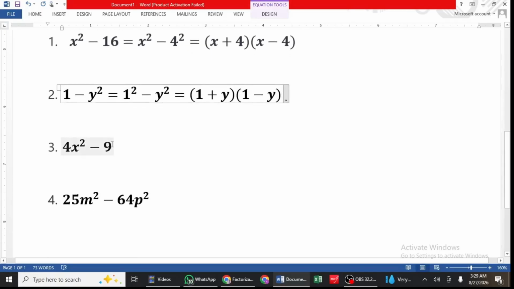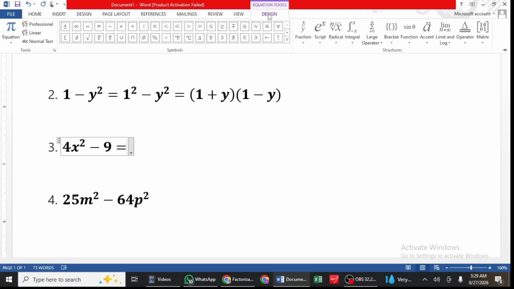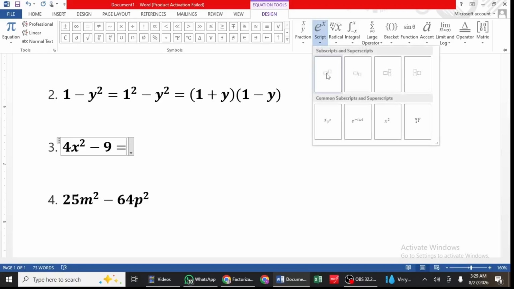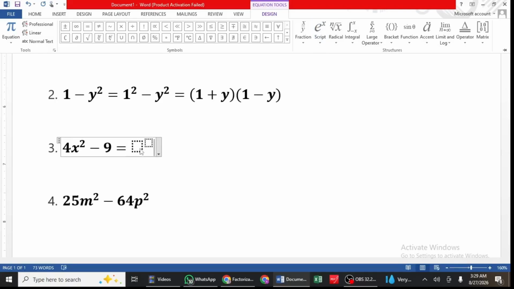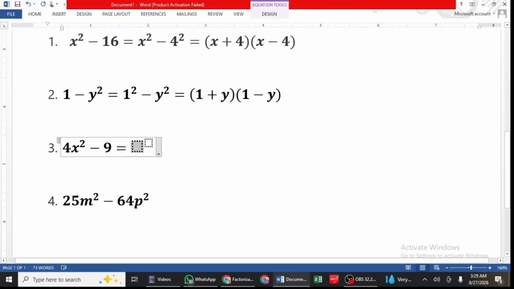Another example, 4x squared minus 9. The first thing to do is to express this as difference of two squares. 4x squared will give you 2x then squared, because 4 is the same thing as 2 raised to power of 2.